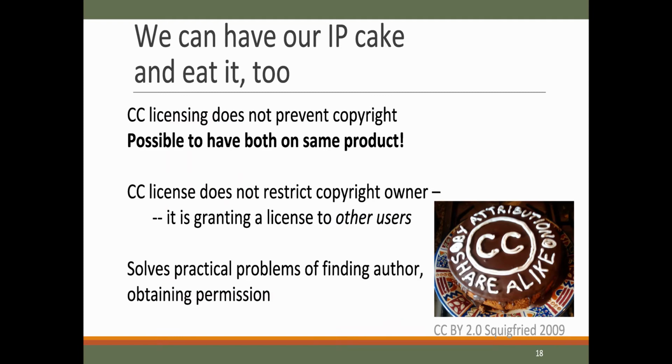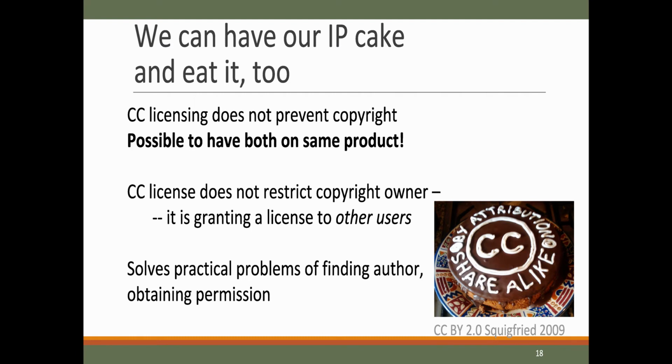Now, what's really interesting is we can have our intellectual property cake and eat it too. You can have copyright and a Creative Commons license at the same time on the same thing. Copyright is saying you own the work.